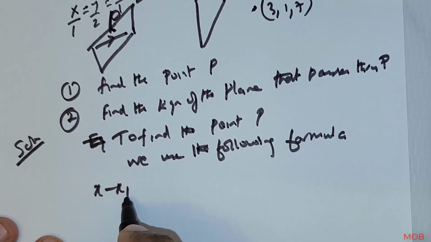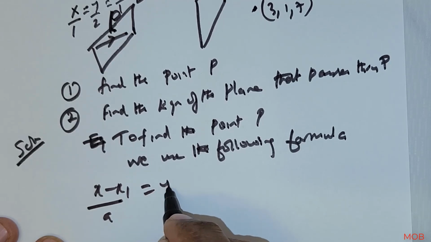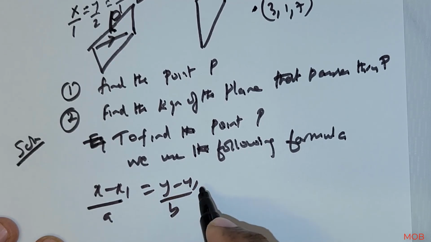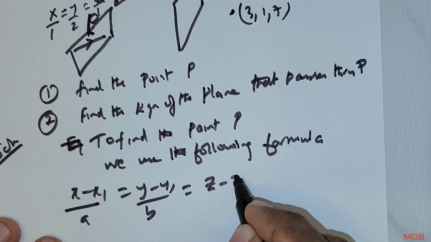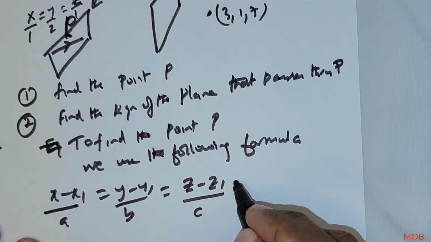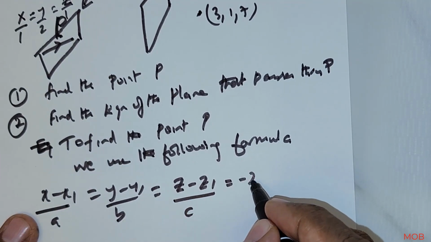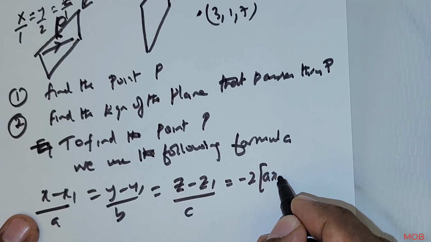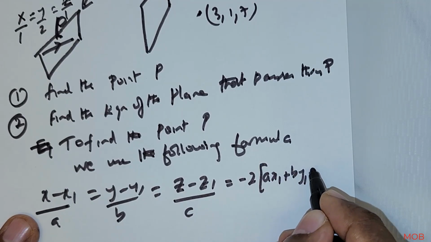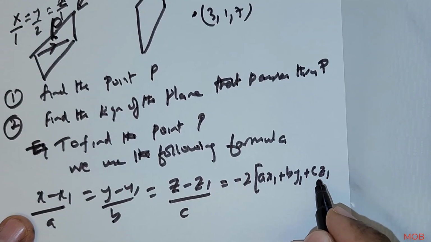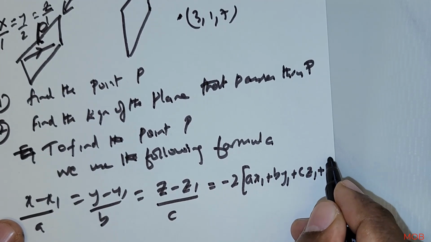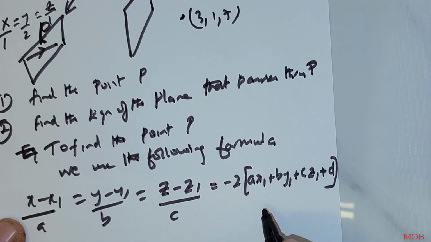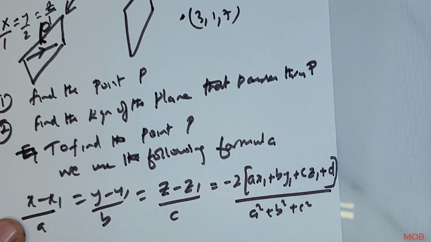The formula is (x - x1)/a = (y - y1)/b = (z - z1)/c = -2(ax1 + by1 + cz1 + d) divided by (a² + b² + c²).